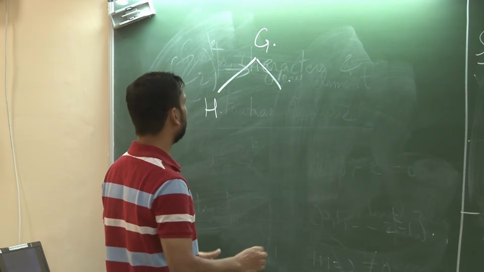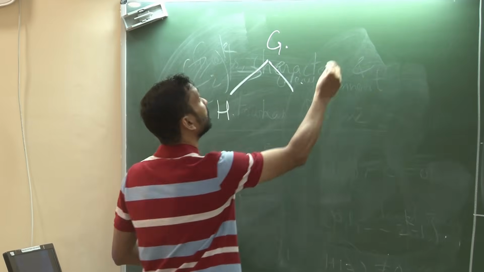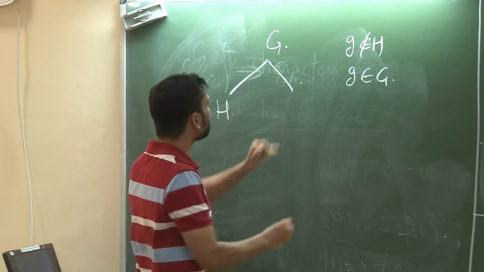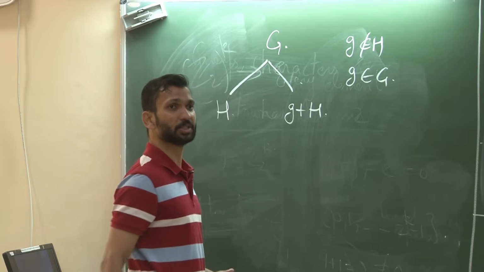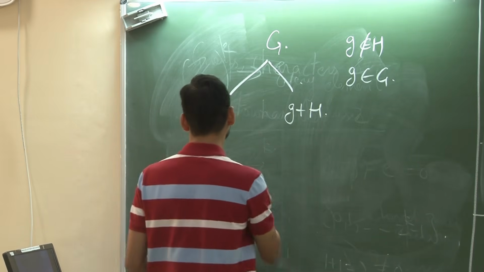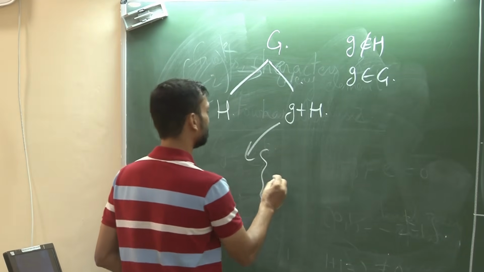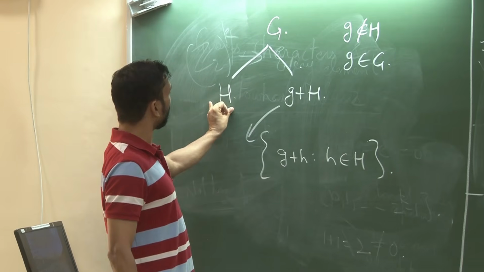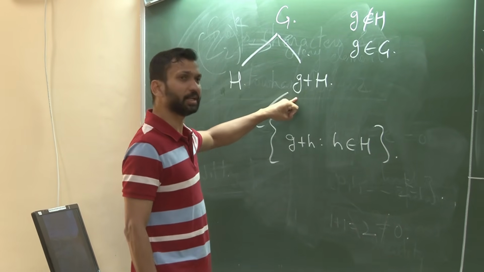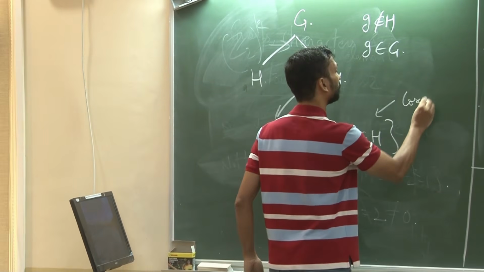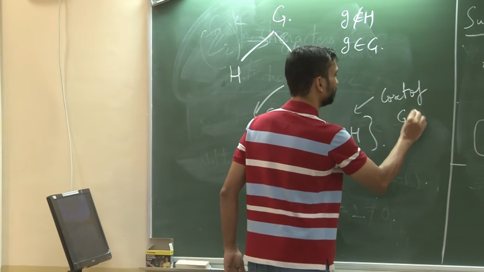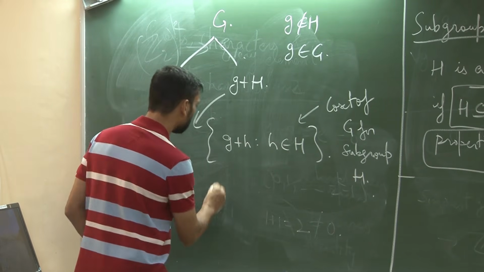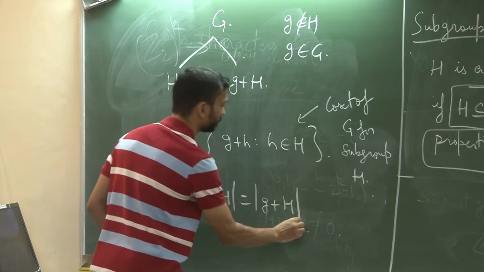One is H, and let's say there is an element g which is not in H but part of G. Then the second part is going to look like g plus H. So this is almost a copy of H, but with every element of H we add g, and this is called a coset of H for subgroup H. And we also know that the size of H is the same as the size of g plus H.